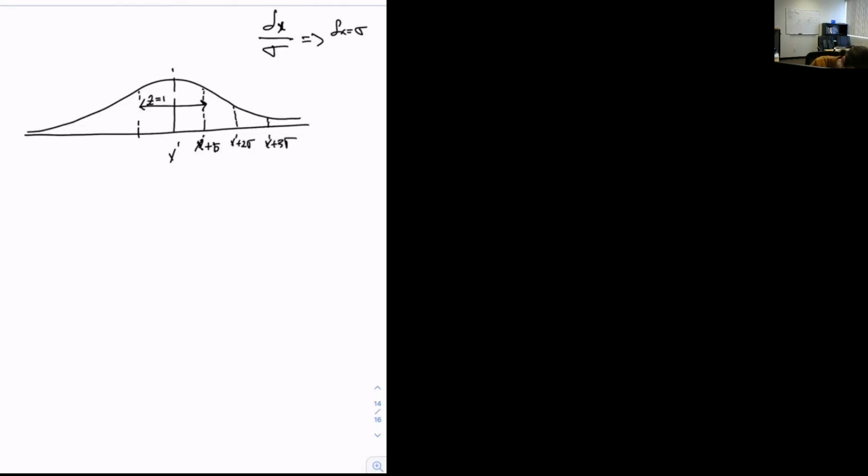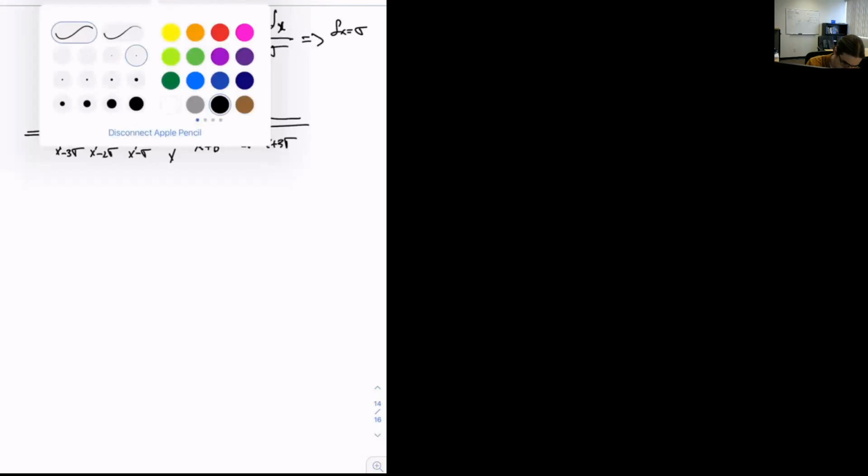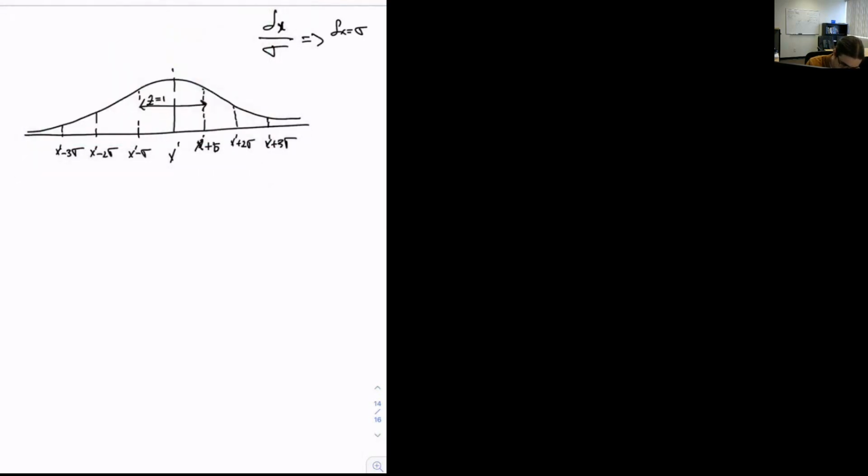The same thing can be written here: x naught minus sigma, x naught minus 2 sigma, x naught minus 3 sigma. So what is the significance of this? Let me show you. If you are within the first standard deviation, z is 1 here, so that's your 68th percentile.